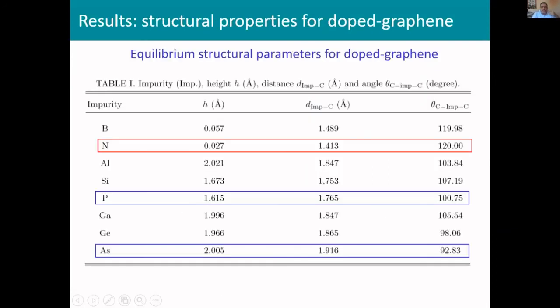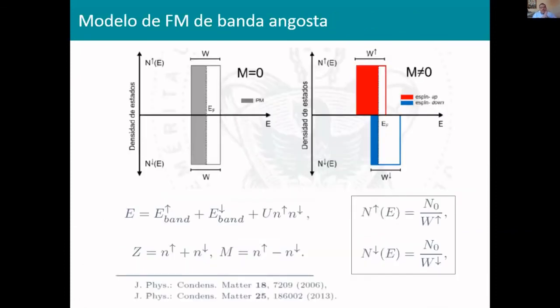Okay. So in order to have a deeper understanding of this kind of system, after we saw that the kind of magnetism is strong ferromagnetism, or the fully polarized band, we introduced this model.